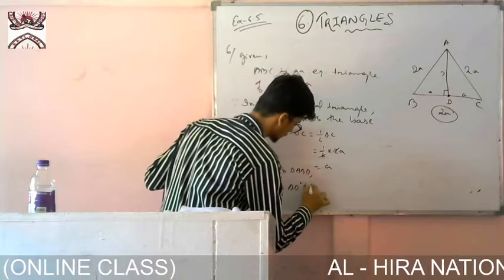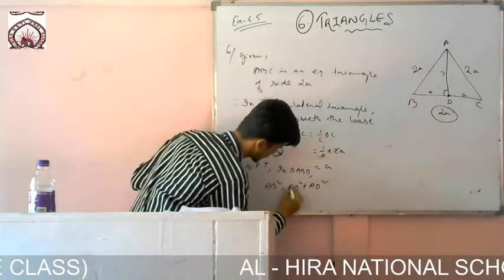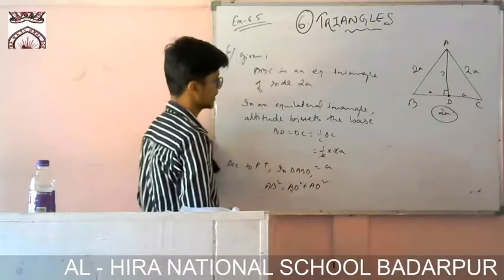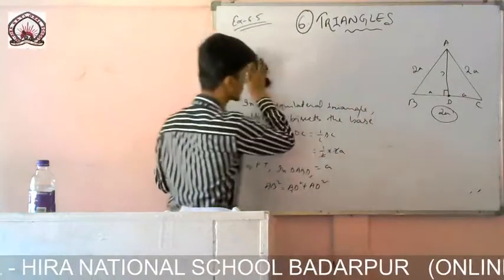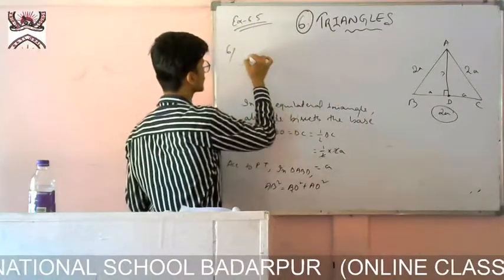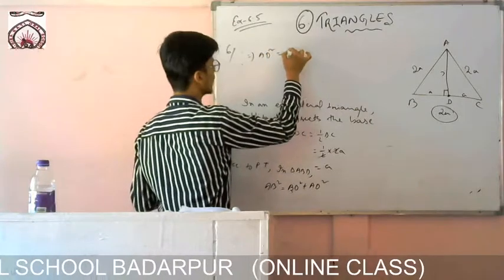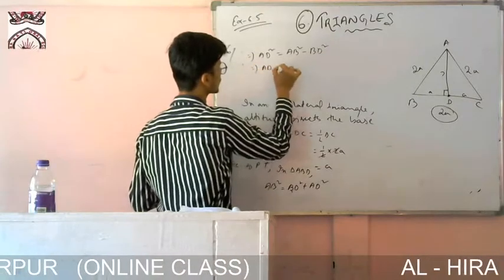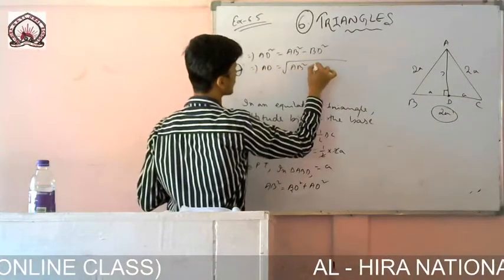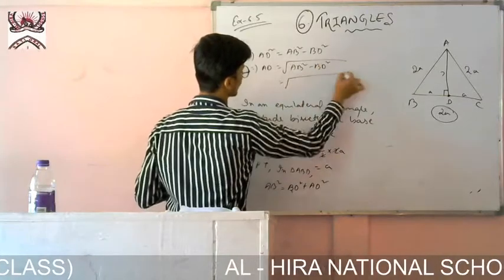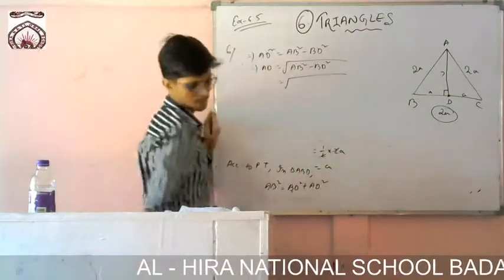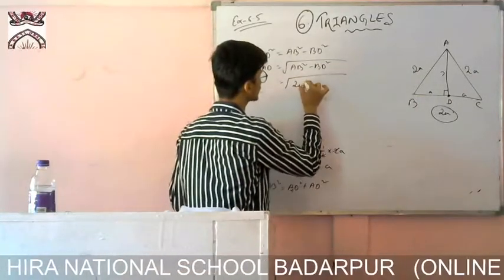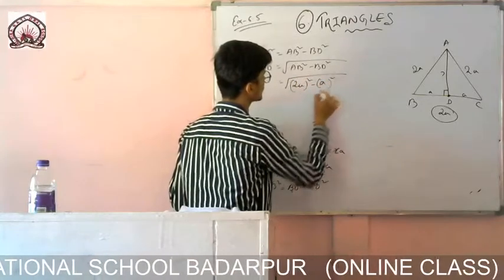I need AD, so AD square will be equal to AB square minus BD square. So AD will be equal to root over AB square minus BD square. Directly you can also write this line. AB is twice A, so twice A square minus BD square, that is A square.